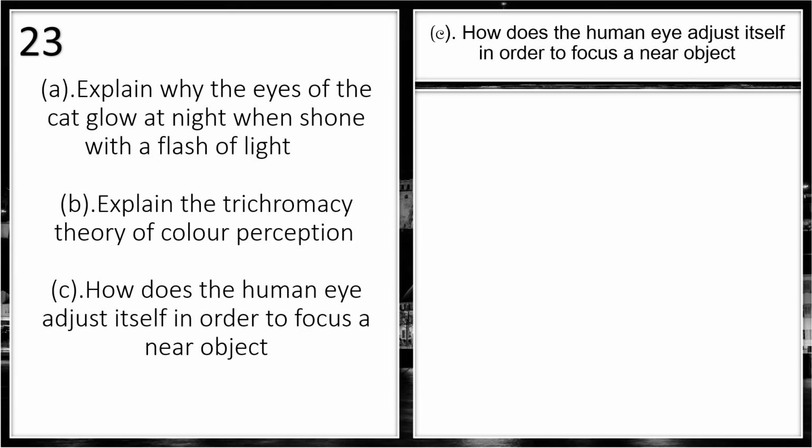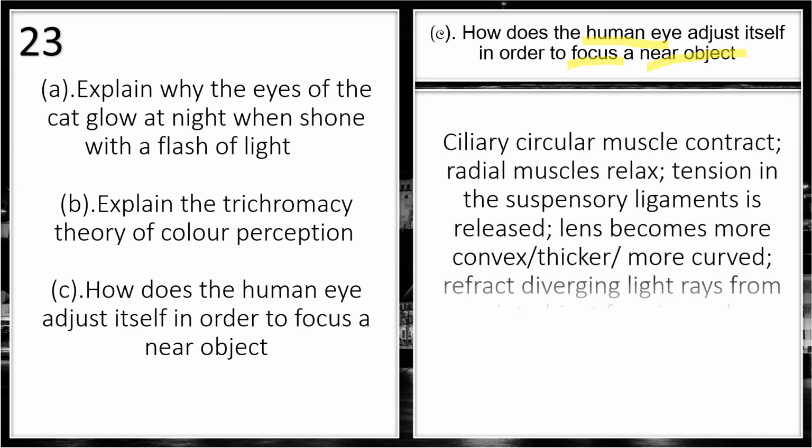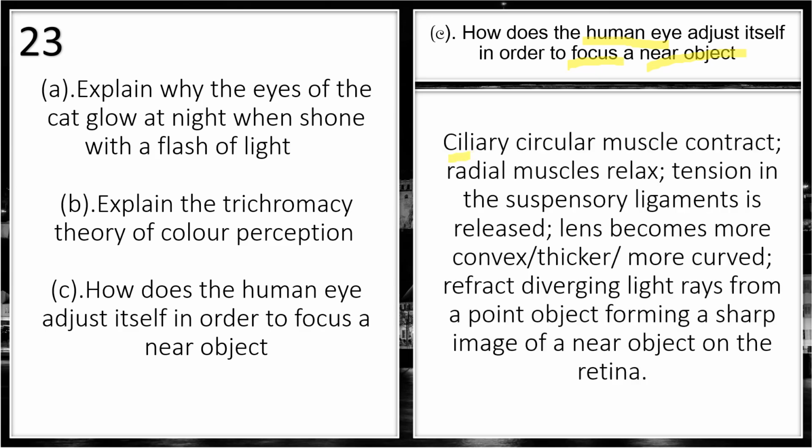Part C. How does the human eye adjust itself in order to focus a near object? The ciliary circular muscles will contract. The radial muscles will relax.